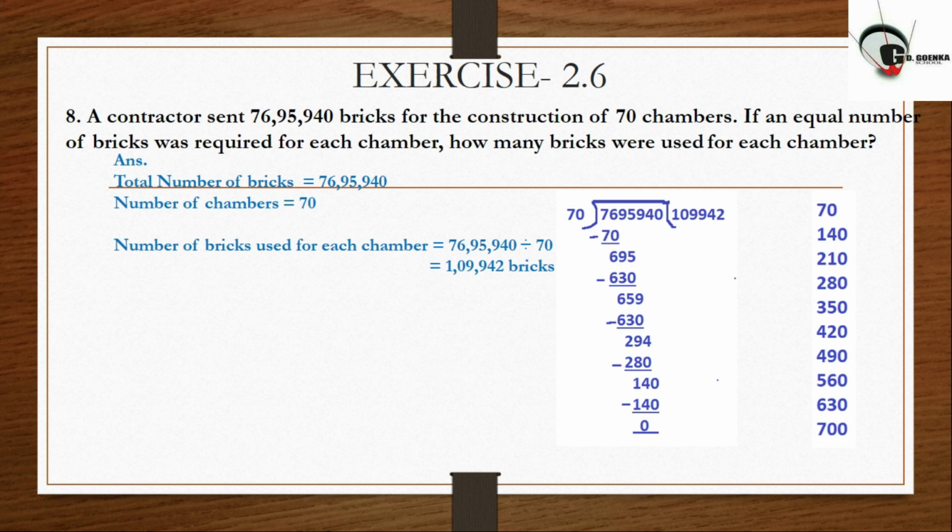So the solution is, as we can see, 70 ones are 70, and the subtraction will be 6.